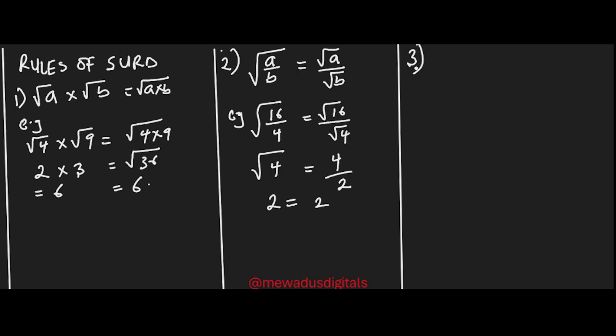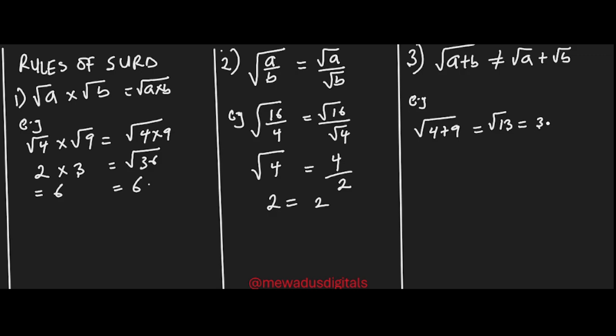Third, if we have root A plus B, this is not equal to root A plus root B. Let's take an example to show this. Root 4 plus 9 will give us root 13, and square root of 13 should give us something around 3.60555.